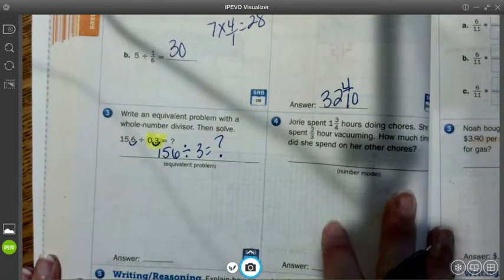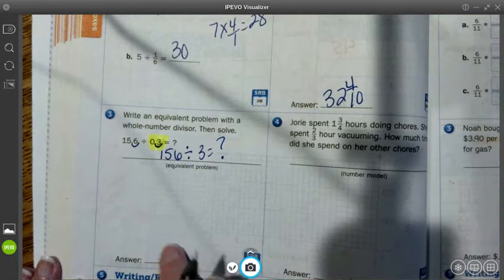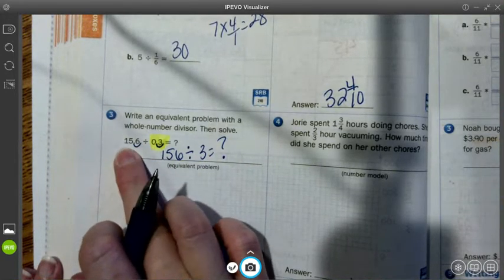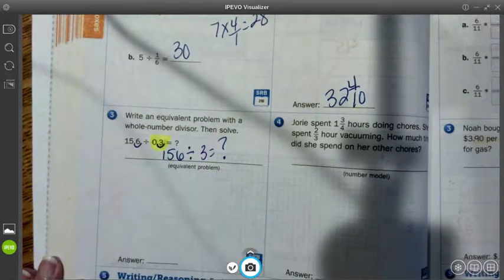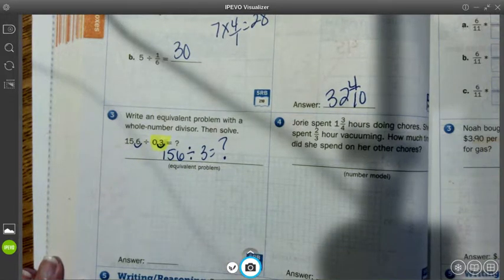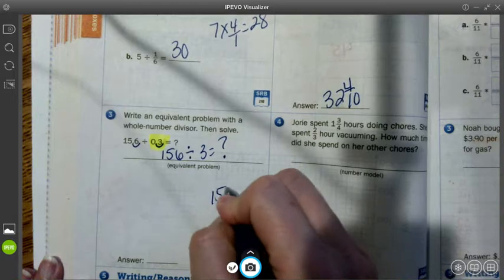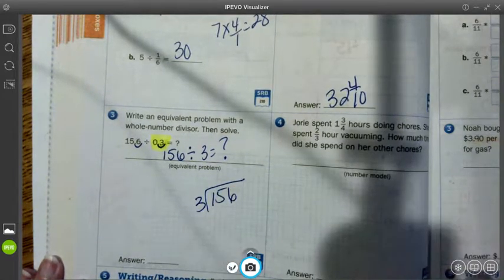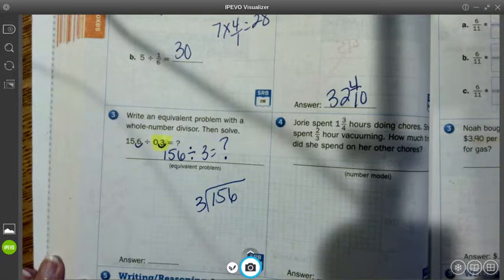Okay, so when you solve this problem, the answer that you get is going to be the answer to 15.6 divided by 0.3. So go ahead and pause the video and see if you can find the solution now.